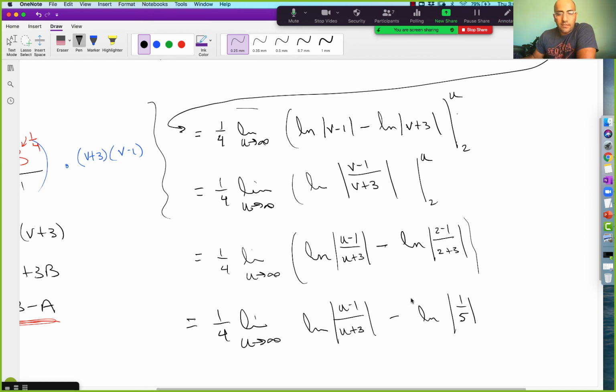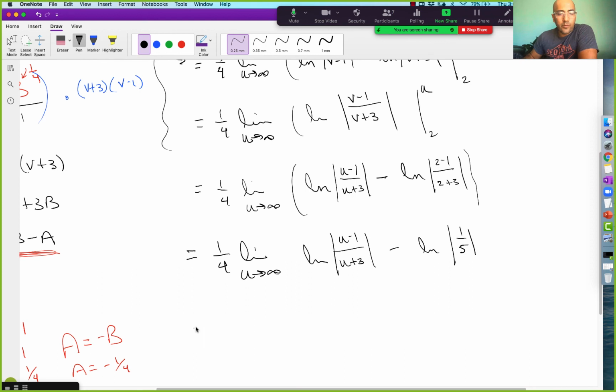So this is just some constant we don't have to worry about. So really the issue is figuring out what this is. And if you recall, when we work with limits, ln is a continuous function, so we're allowed to swap orders here, so we can stick this in here and figure out what this is.